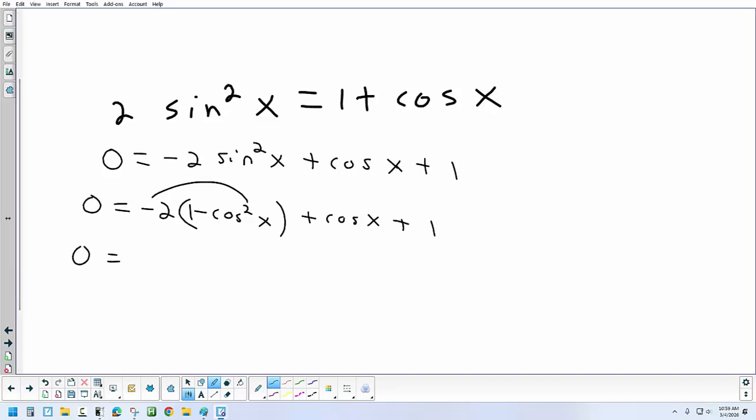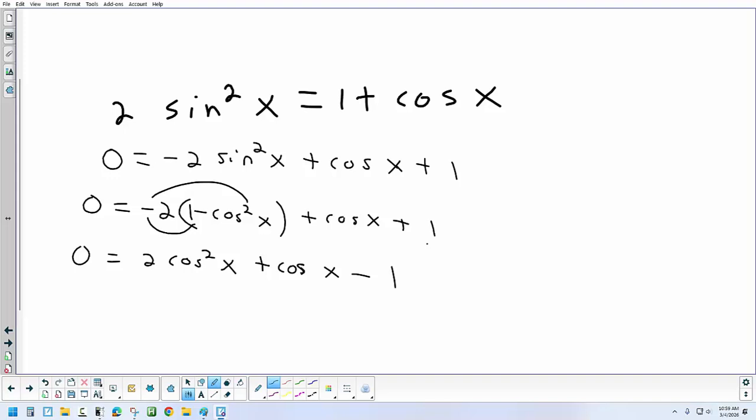So you're going to have positive 2 cosine squared x plus cosine x minus 2 plus 1. So I'm going to combine those like terms together. And that's what we get.